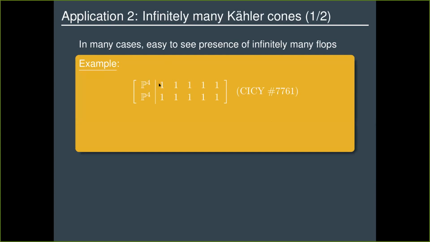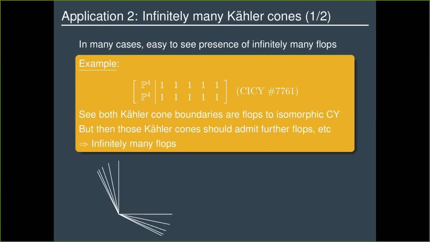So the fact that this row has all 1s tells you that you can perform one of these non-ambient flops. The fact that underneath each one, it looks exactly the same, tells you that the flop will produce a Calabi-Yau which is isomorphic to the original. And you can do this in either direction because of this symmetry. So both Kähler cone boundaries are flops to isomorphic Calabi-Yaus.